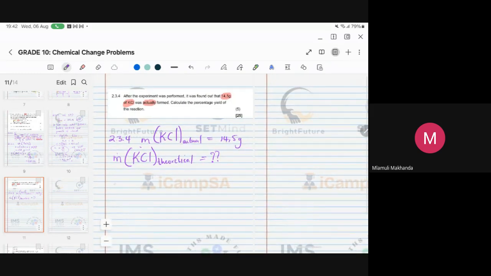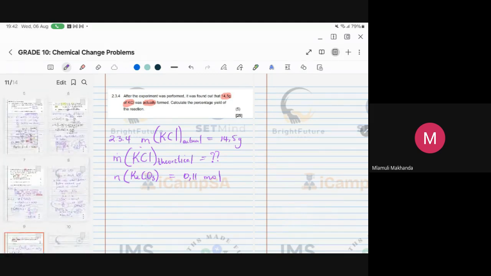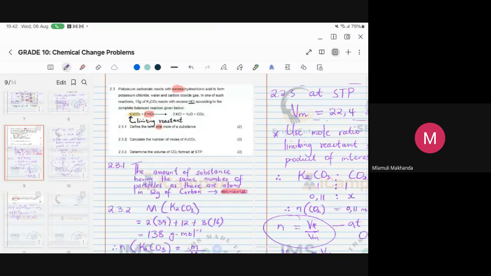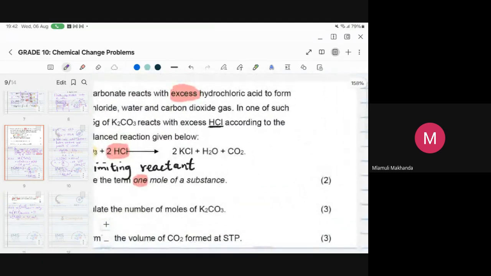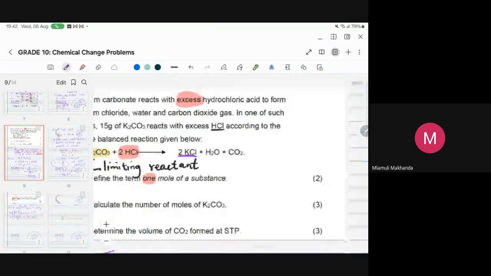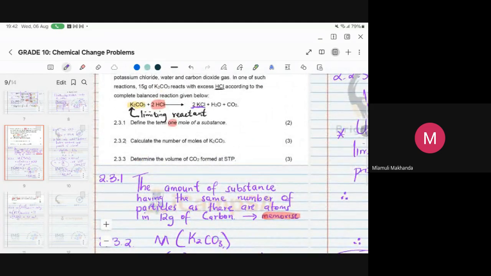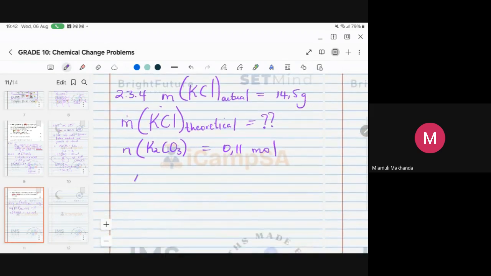We already know that the number of moles of K2CO3 that reacted is 0.11 mole. And we know that we must always use the limiting reactant to find the product of interest. In this case, our product of interest is KCl, potassium chloride. So we have 2 next to potassium chloride, and 1 next to potassium carbonate. Let's take ratios.